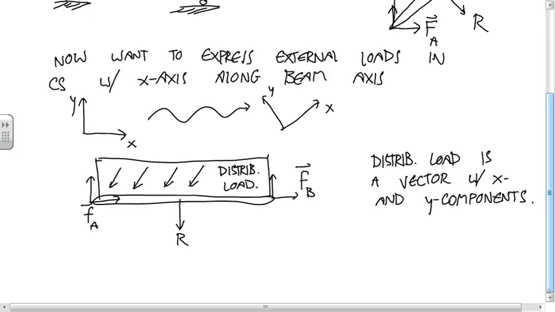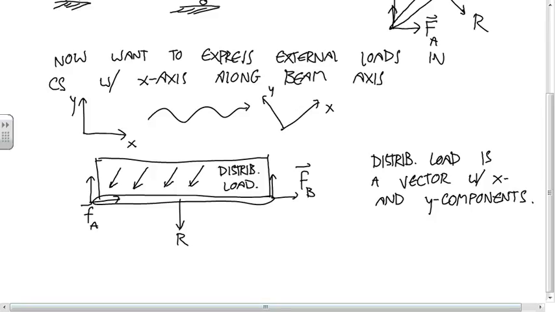Okay, so I'm going to start by just talking about how to deal with horizontal components of a distributed load. Mathematically, it's easy. And then I'll talk about how to go from the external loads from some structure that you've solved to setting up an internal loads problem with these different components of distributed load.